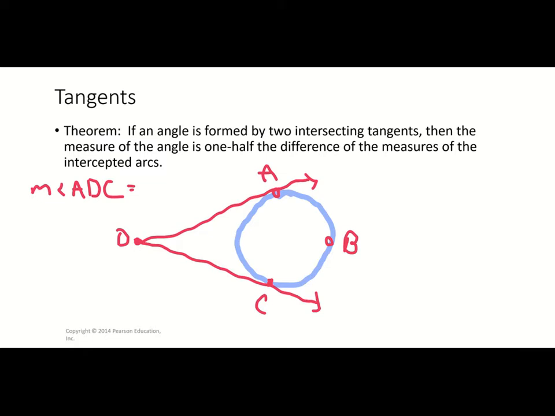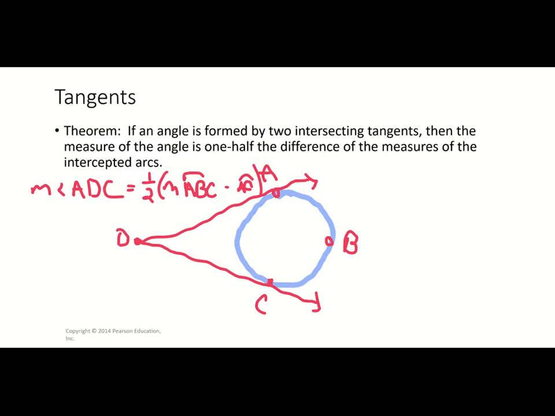So it's going to be equal to 1/2 times the measure of arc ABC minus the measure of arc AC. So it's half the difference of the two measures.